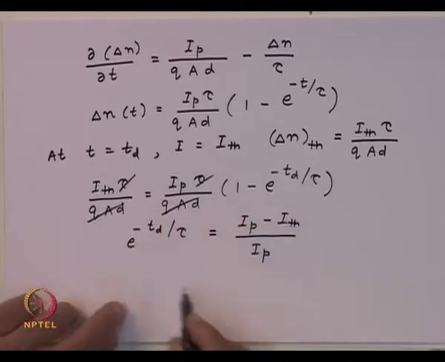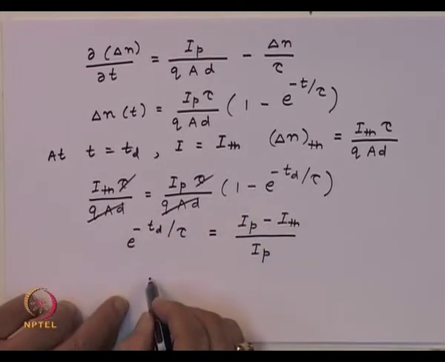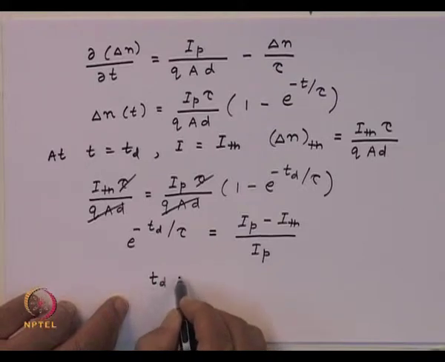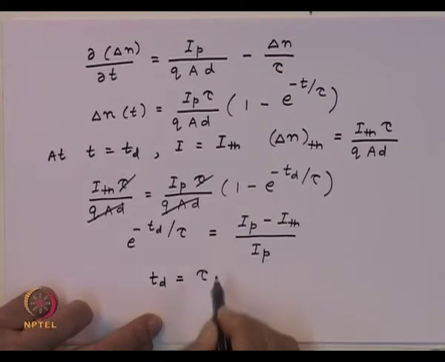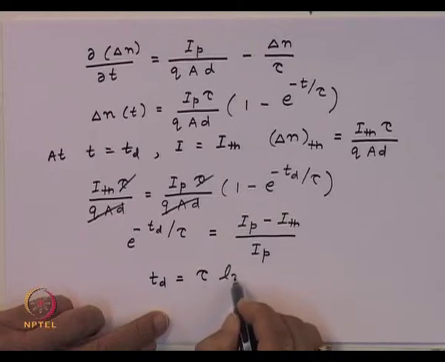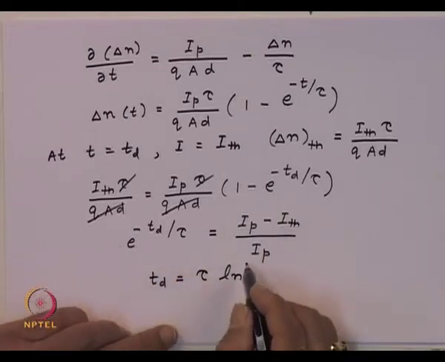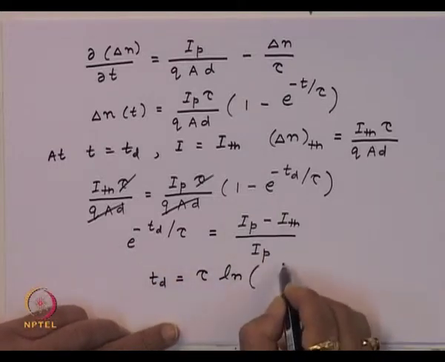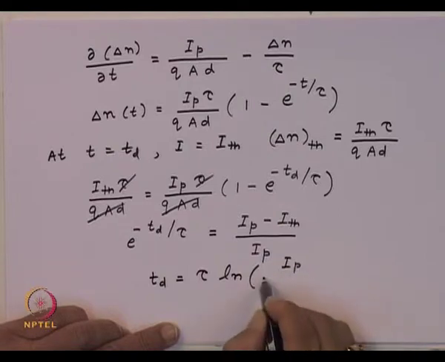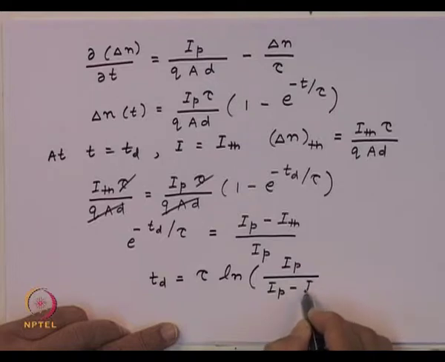Just inverting this and taking log on both sides, we get the delay T d equal to tau ln I p divided by I p minus I threshold.